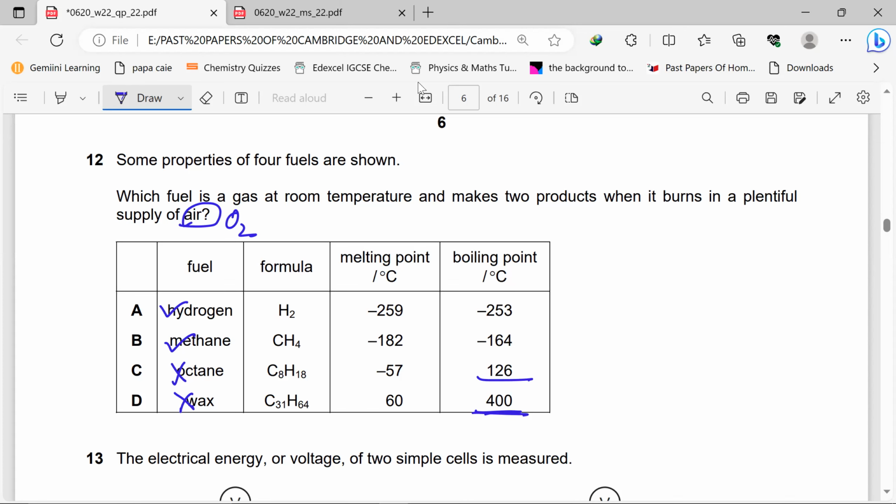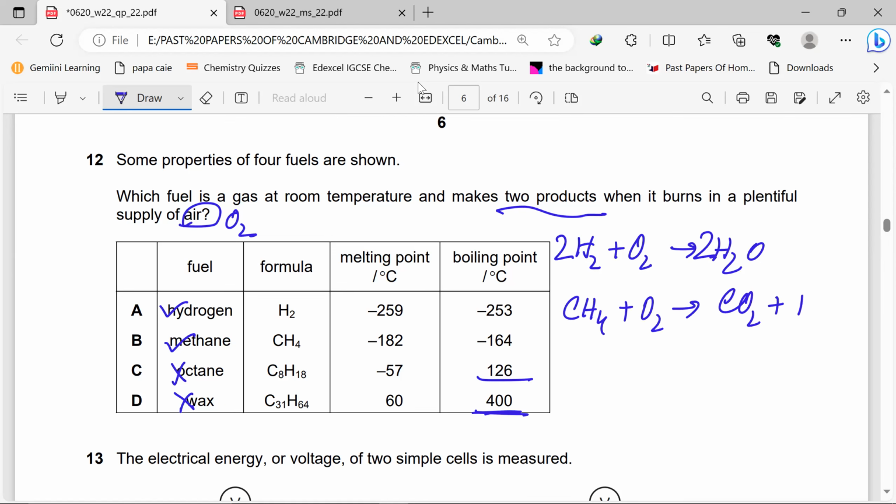From hydrogen and methane, we need to find which fuel is a gas at room temperature. We have found already hydrogen and methane, because they have boiling points of -253 and -164, and it must make 2 products when it burns in a plentiful supply of air. If we burn hydrogen in oxygen, it forms only water. Only one product is formed. Whereas methane, CH4, if we burn in oxygen, forms carbon dioxide and water.